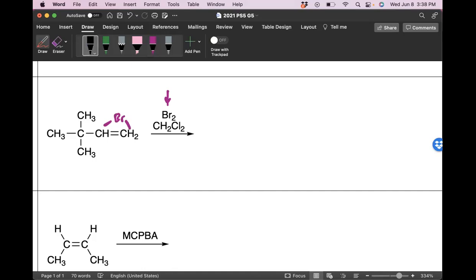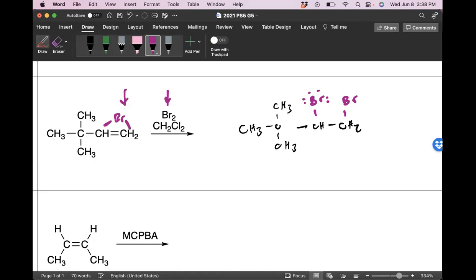So there would not be any shift. Again, that's the intermediate. And this is anti-addition, don't forget. So in real life, they would be anti to each other.